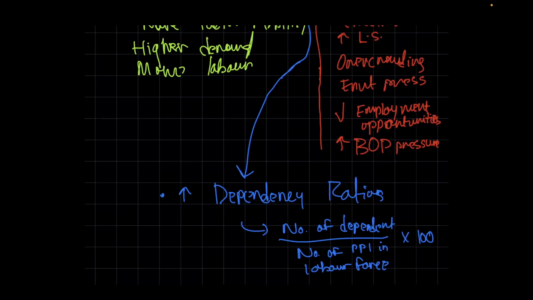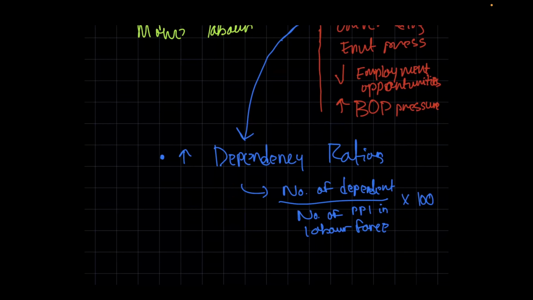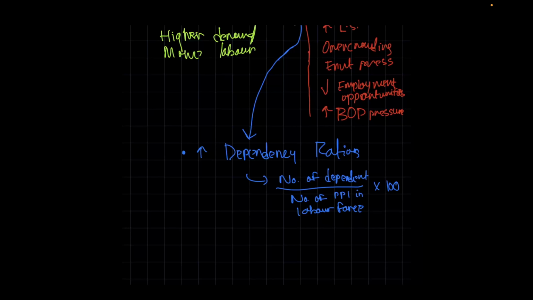Your young dependents are all of the kids or all of the people who are under 18 and cannot work, and your elderly dependents are the people who are above 65 and retired and thus cannot work. You divide this by the number of people in the labor force, the working population, and you multiply it by 100 to find the rate at which you have dependents that need to be taken care of by the independents, if that makes sense.